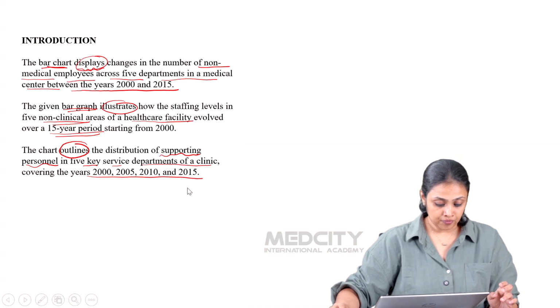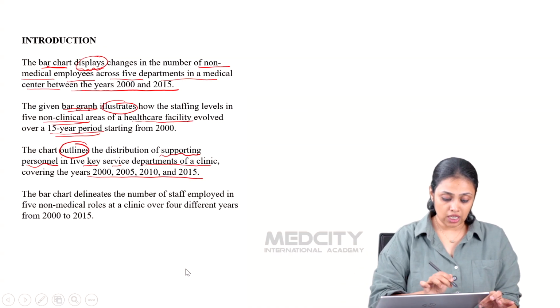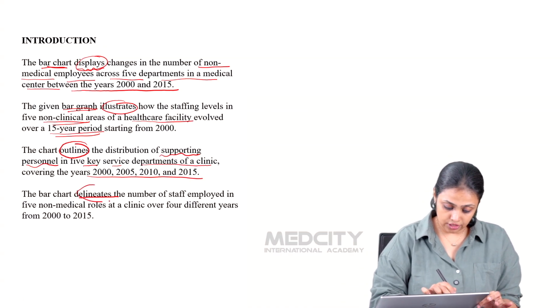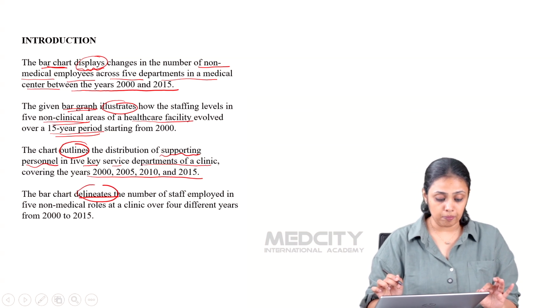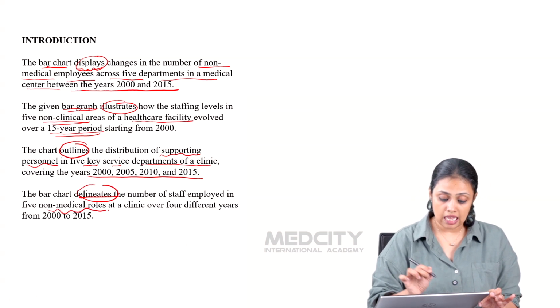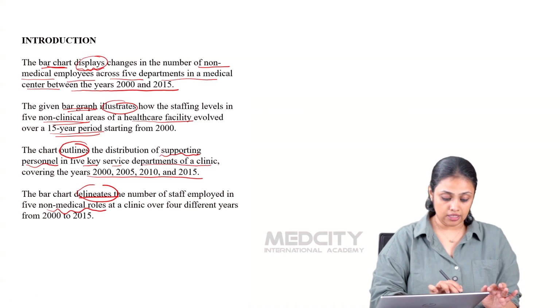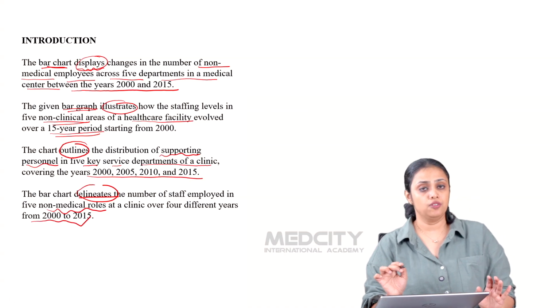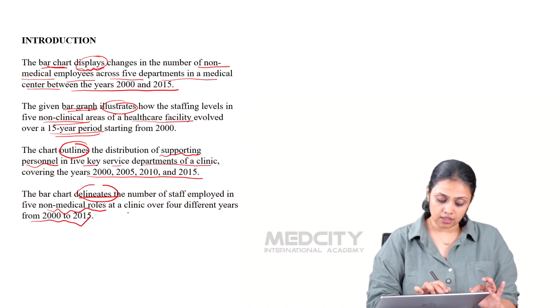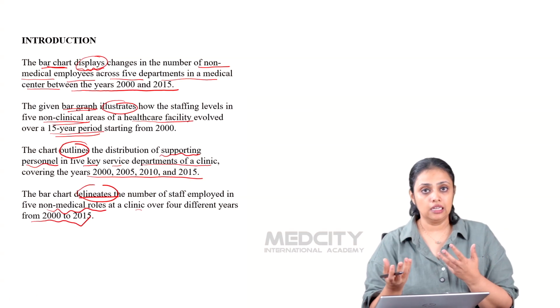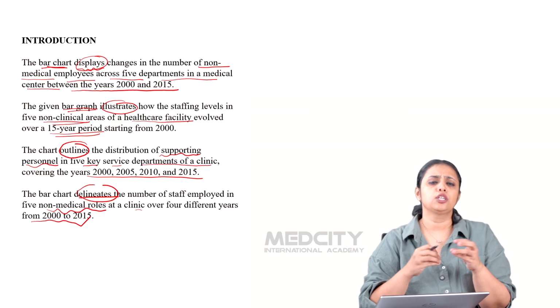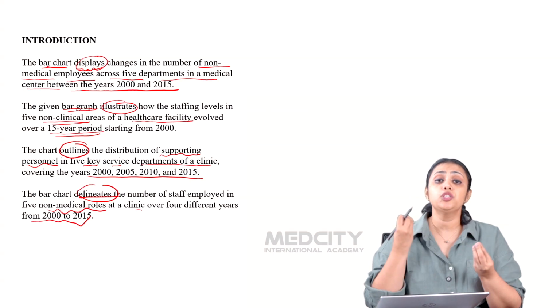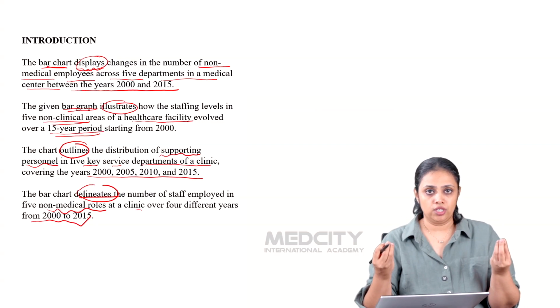That's also fine. Then another usage: the bar chart delineates the number of staff employed in 5 non-medical roles at a clinic over 4 different years from 2000 to 2015. Here, I've not paraphrased clinic, I've kept clinic as such. It's not mandatory that you paraphrase each and every word in the question prompt.